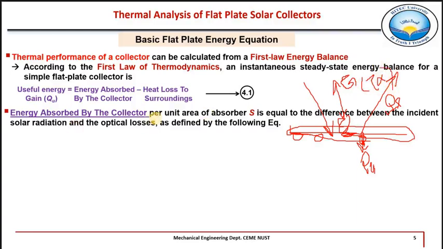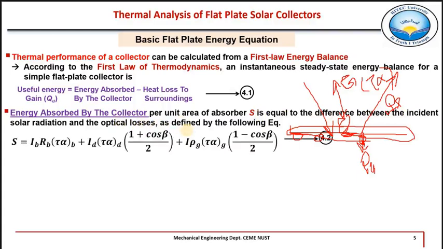This S, the absorbed radiation per unit area of this absorber plate, is equal to the difference between the incident solar radiation and the optical losses, and is defined by this equation which we derived in chapter 2. Starting from chapter 1 till chapter 2, this was the final equation which represents the absorbed radiation on the solar collector.